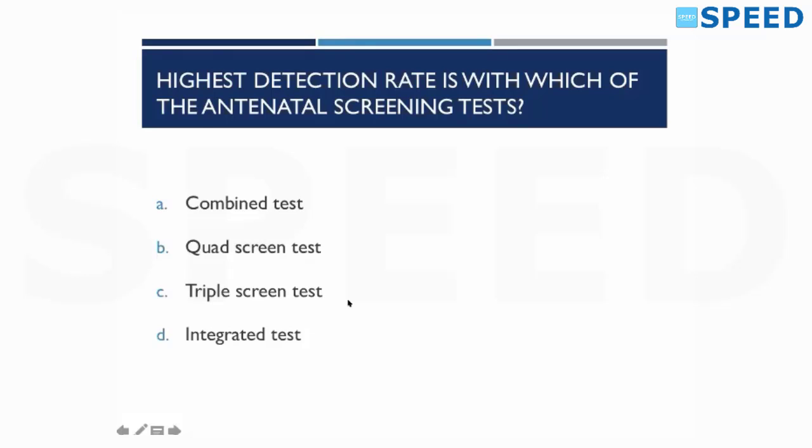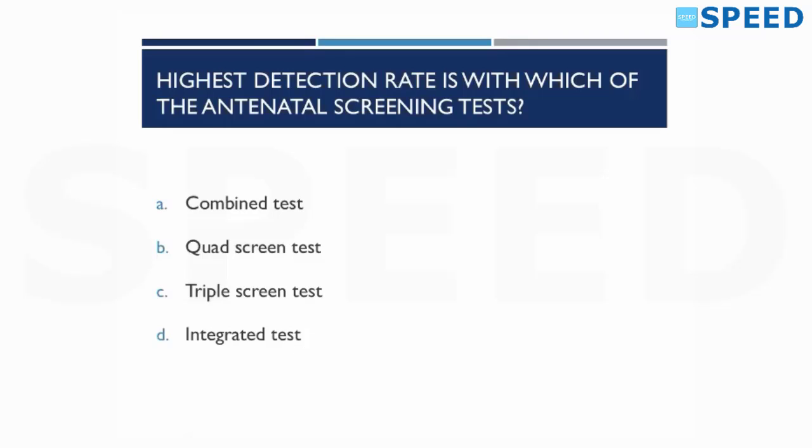So what else are we interested in knowing? We are interested in knowing the detection rates of combined test and integrated test. What is integrated test? Integrated test is a test which integrates a combined test along with a quadruple test.